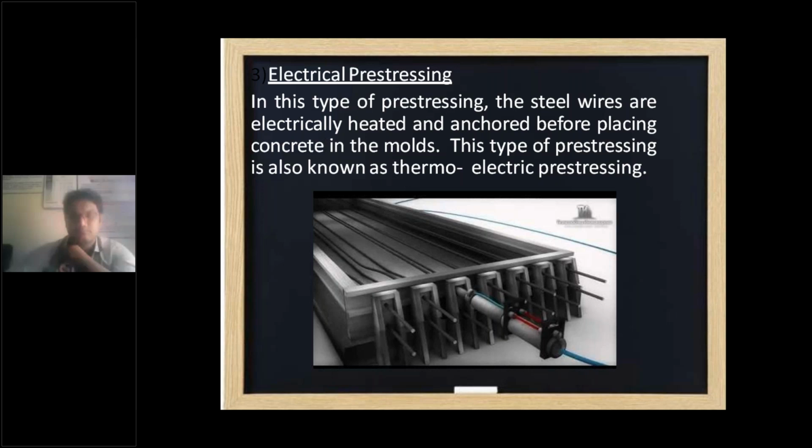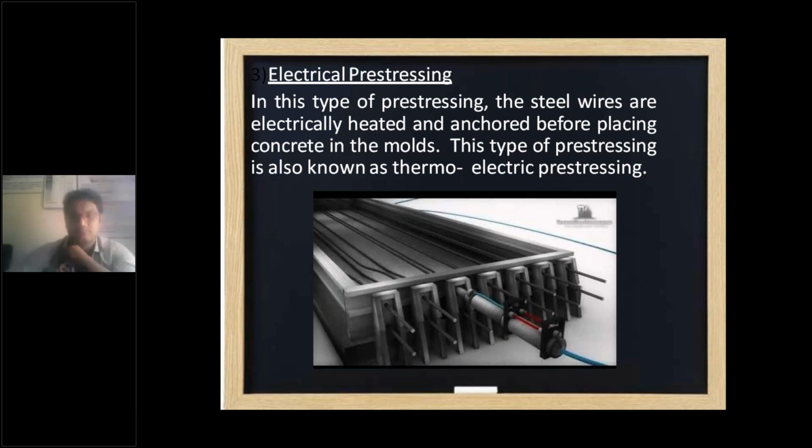Because when it is electrically heated, the rod has a tendency to elongate, isn't it? When you heat the rod, it loses its elasticity and can elongate, so it can be stretched as much as you can. In that way, thermo-electrical prestressing can also be used for the pre-tensioning system.